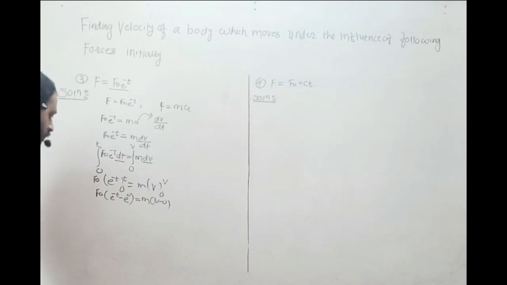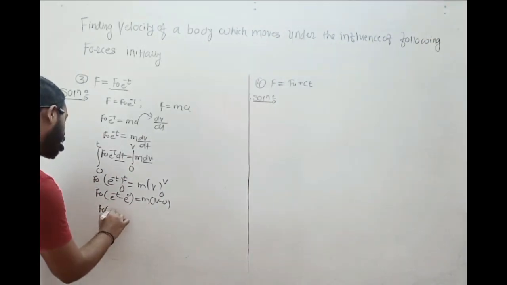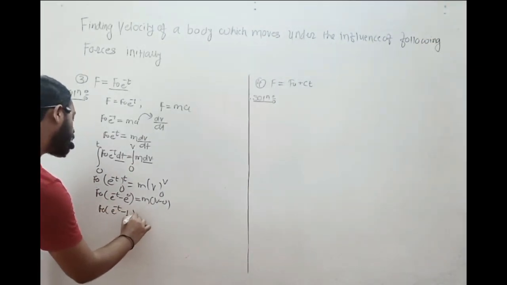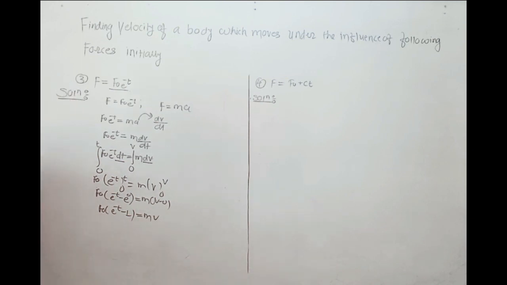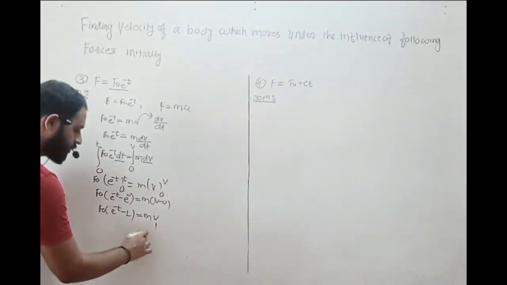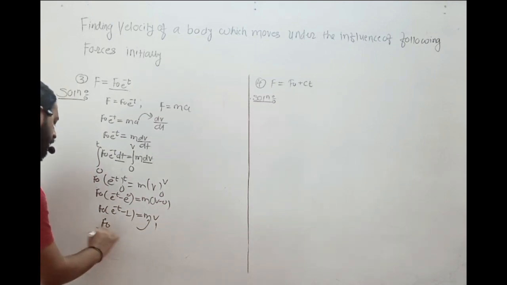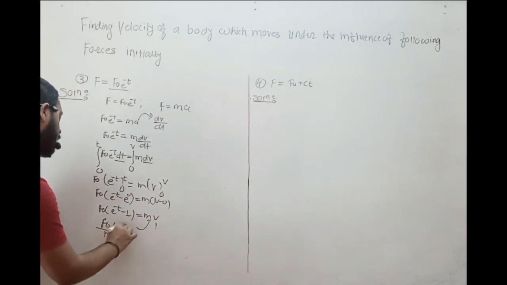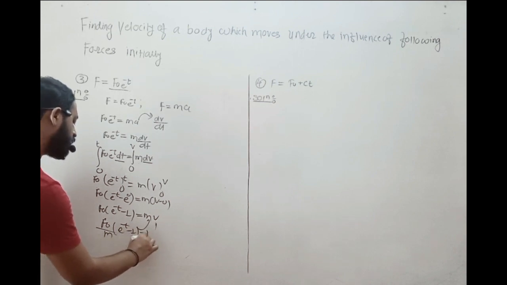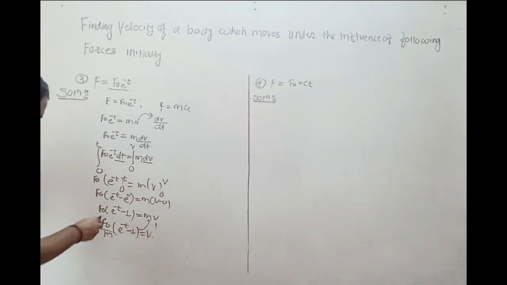Any problem? No. F0 (e^(−t) − 1) = mv. What do you want? Velocity. Then shift this m here. F0 (e^(−t) − 1)/m = v. This is your velocity for this force.